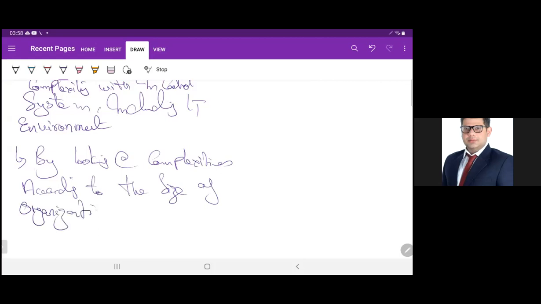That means the size, the complexities, the material misstatements, etc., will vary according to the size of the organization.